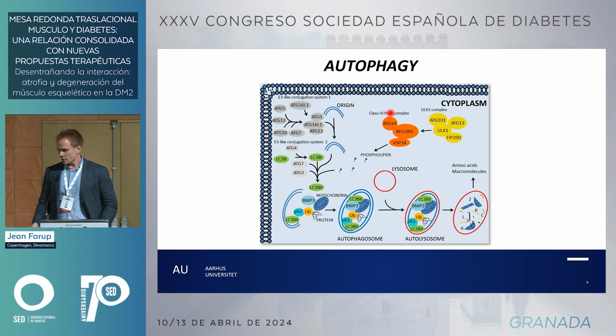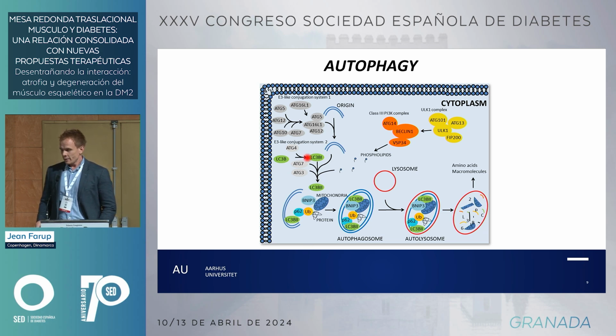Yeah, which allows the class 3 PI3 complex to translocate to the building autophagosome and provide phospholipids to encapsulate either proteins or organelles such as mitochondria that have been targeted for degradation.